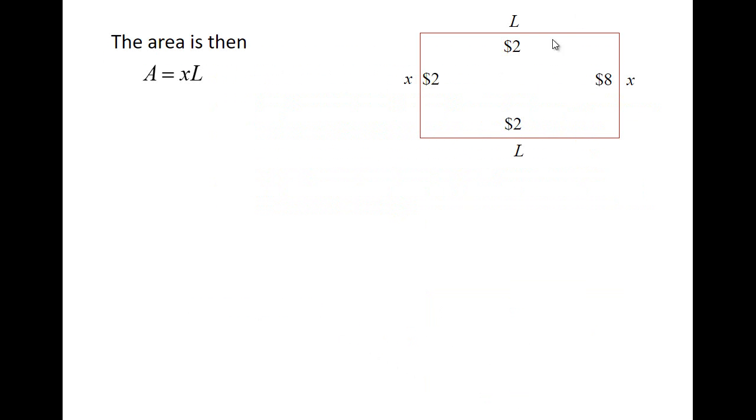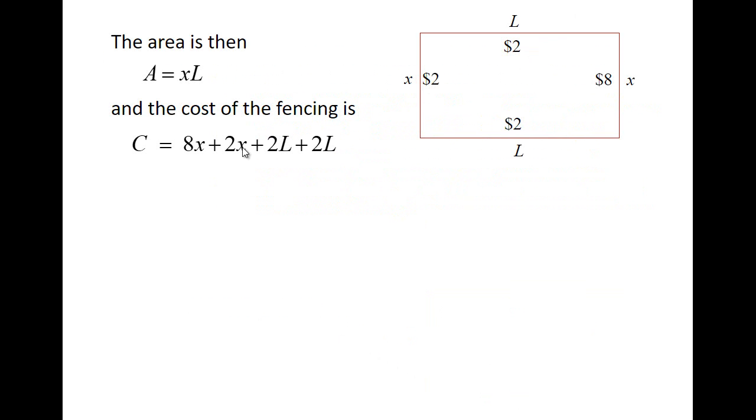So the area of this rectangular region would be X times L, and the cost of the fencing would be denoted by C, and it is 8X for this side, 2X for this side, 2L and 2L for these two sides. So the cost is 10X plus 4L.